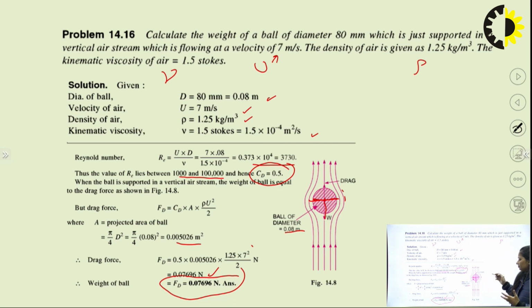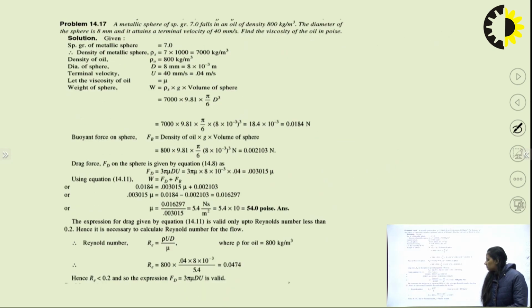Obviously, when the ball is streamlined, or you can say supported in the vertical air stream, this is a case of drag force where your FD will be equal to W. So here you can calculate by following these steps. So this is another question.